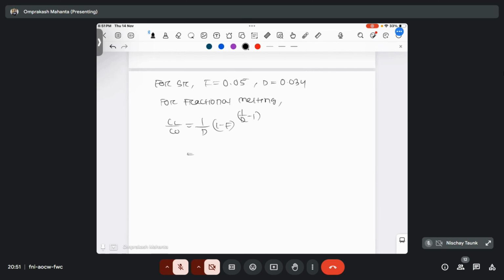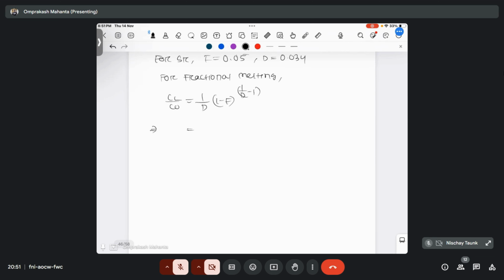So 1 by 0.034 into (1 minus 0.05) to the power (1 by 0.034 minus 1). So 1 by 0.034 into 0.95 to the power of that. If we solve that, it will be around 28.41.